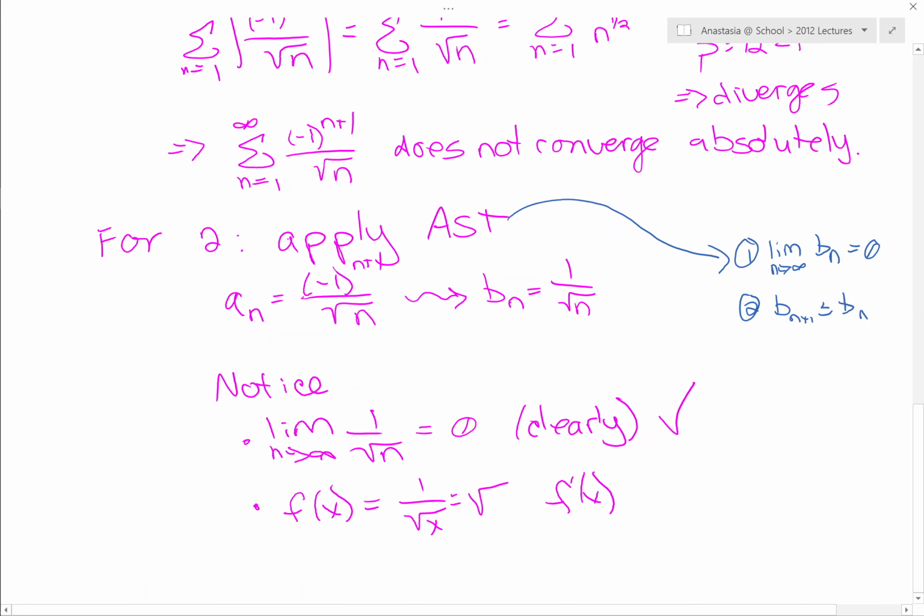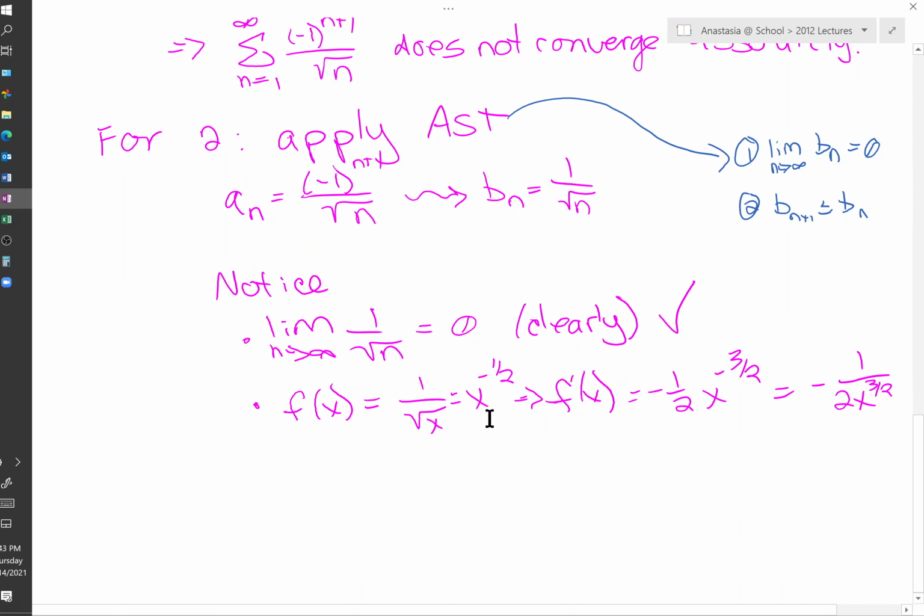We can rewrite our function as x to the negative 1/2. So this will mean then that f prime of x is negative 1/2 x to the negative 3/2, or we could write that as negative 1 over 2 x to the 3/2.